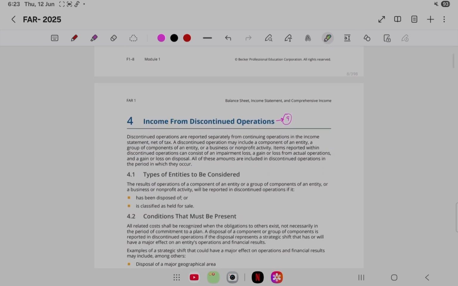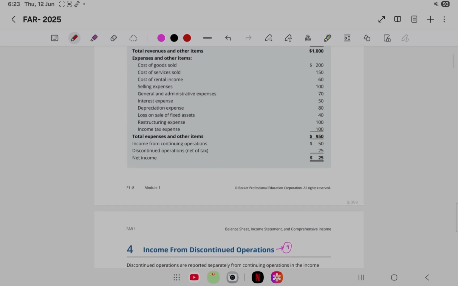And the second part is income from discontinued operations. When we sell off a product line or a division line or a segment of a company's operation, the income from discontinued operations is reported separately. Not normally, it is mandatory.